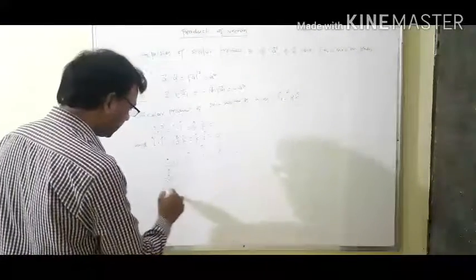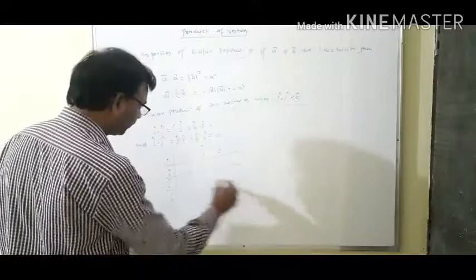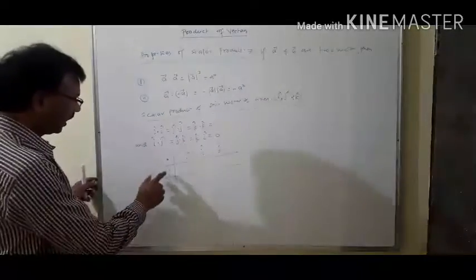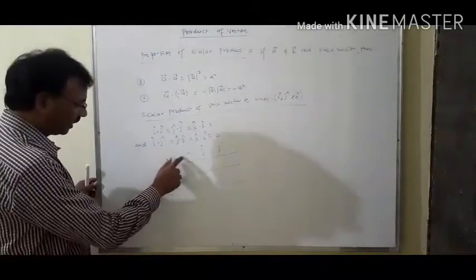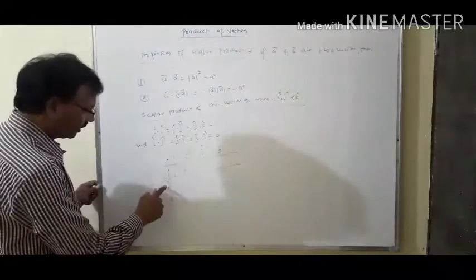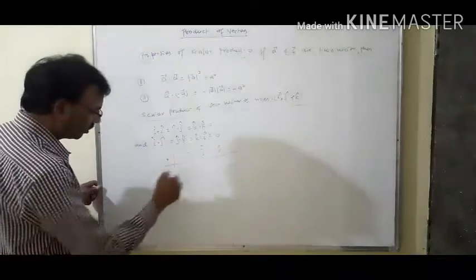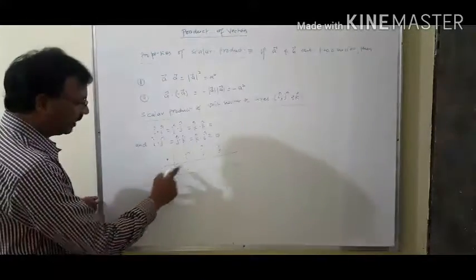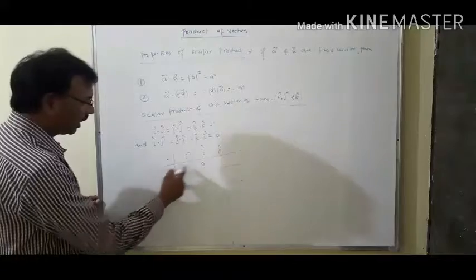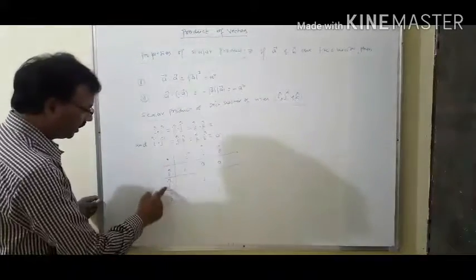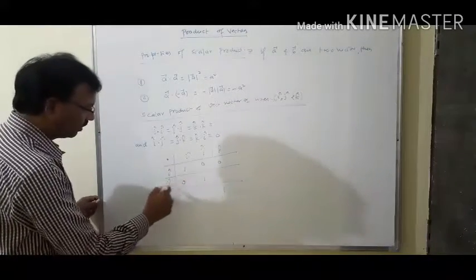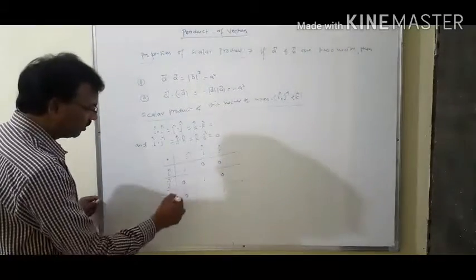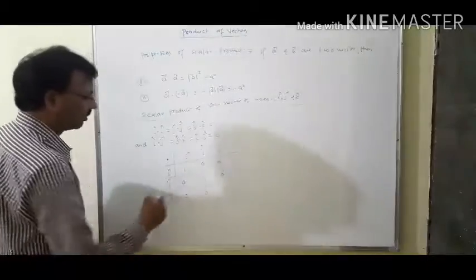Now we make the table like this: i dot i is equal to 1, j dot j is equal to 1, k dot k is equal to 1, and i dot j is 0, i dot k is 0, j dot i is 0, j dot k is 0, k dot i is 0, k dot j is 0.